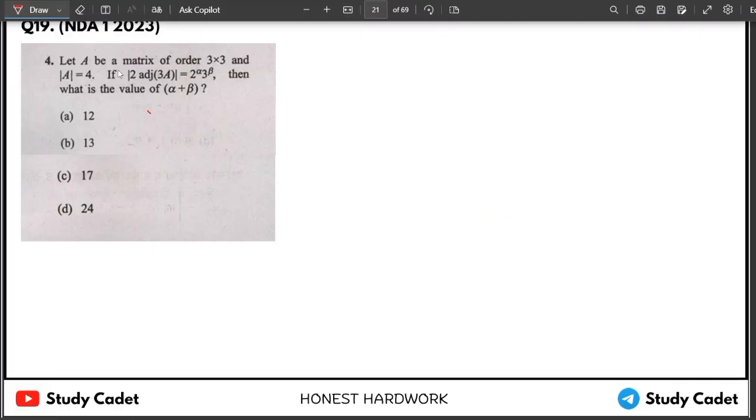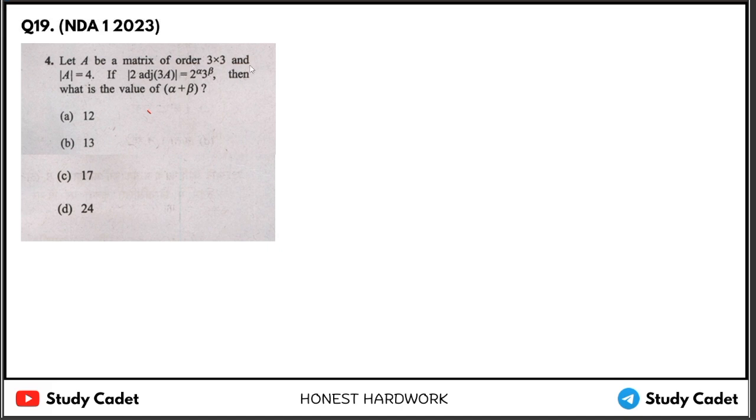Right, got it. Let A be a matrix of order 3 cross 3, A this and this. What is the value of alpha plus beta? Order is 3, so 2 adjoint 3A will be 2 cube times adjoint of 3A, that would be 3A to the power n minus 1, which means 2.